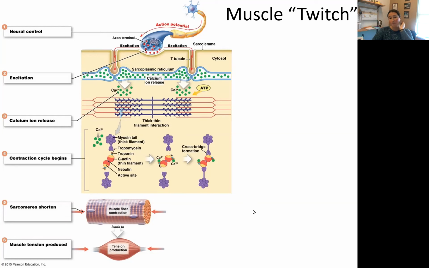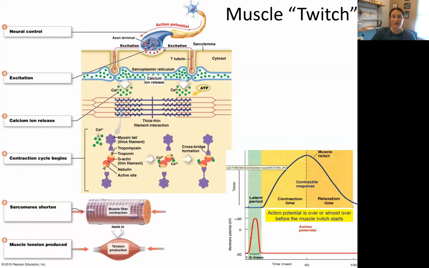Okay? Keep in mind that the actual depolarization of the cell, so the stimulus itself and action potential, is actually happening a little bit before the muscle starts to shorten. And so if we look at this graph here, we can see the membrane potential. So what is the charge of the cell?